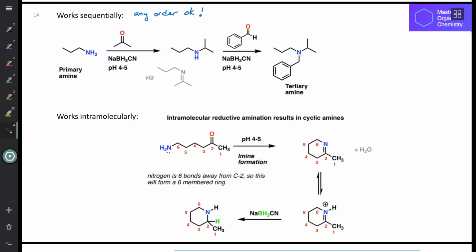So for 6 and 5 membered rings, always preferred, right? So this is how you form this cyclic amine.